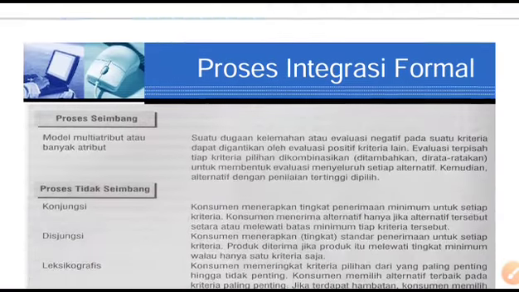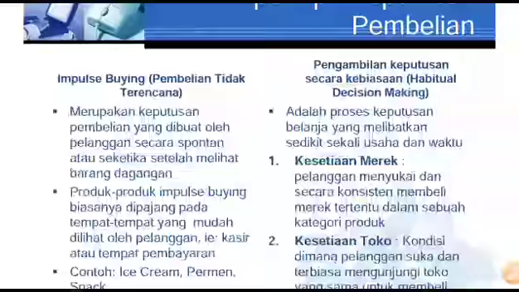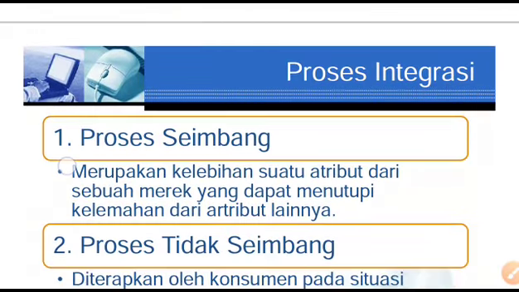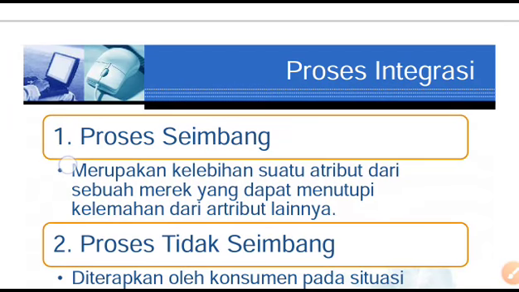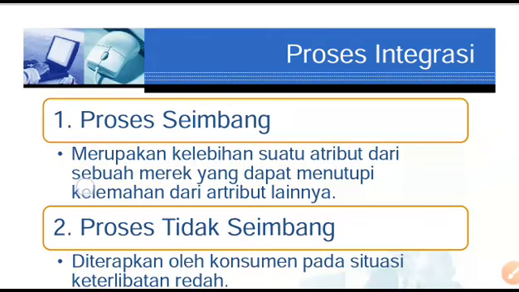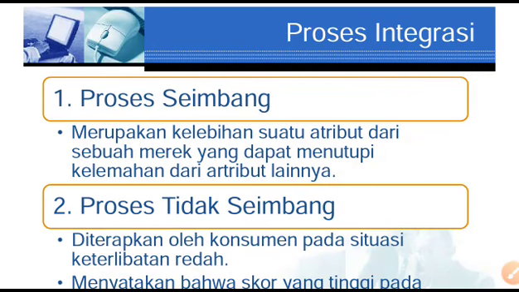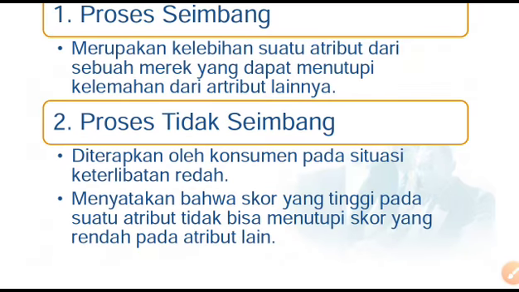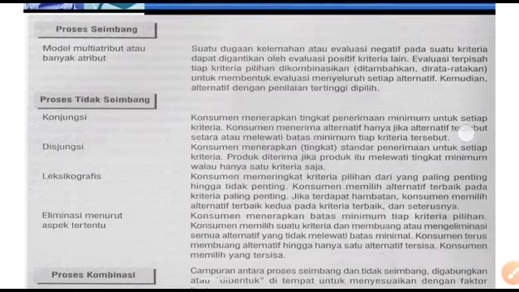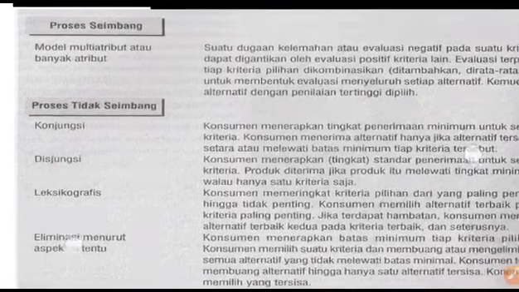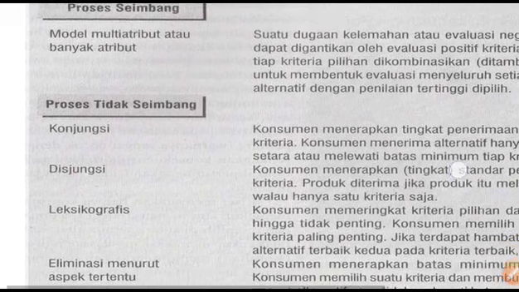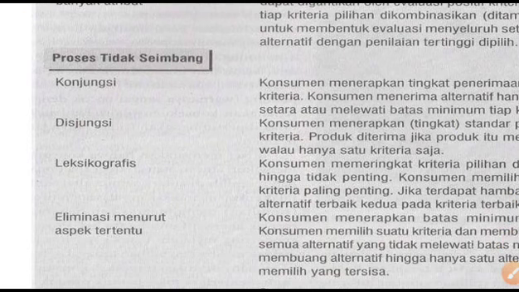Several processes to integrate it, ya, for the consumer. The first is the balanced process, ya, and then the unbalanced process, ya. Okay, the balanced process considers the multi-attribute model, or many attributes.